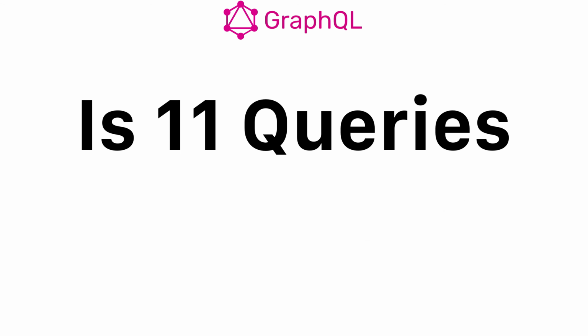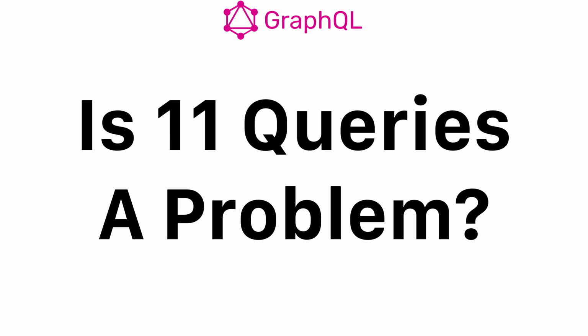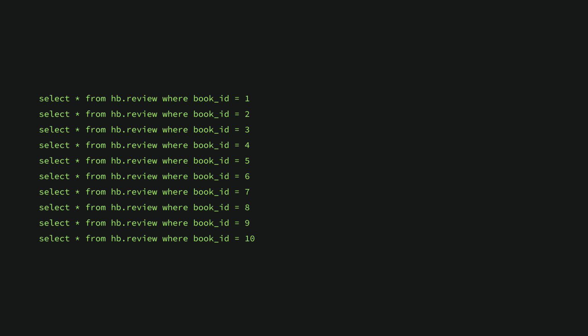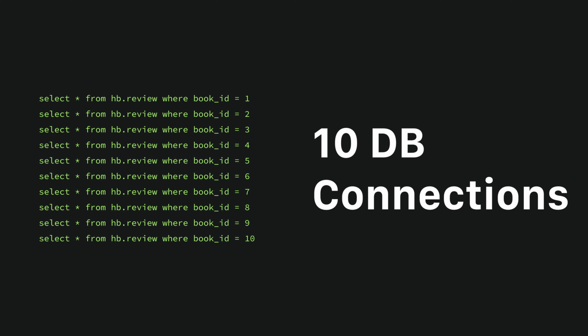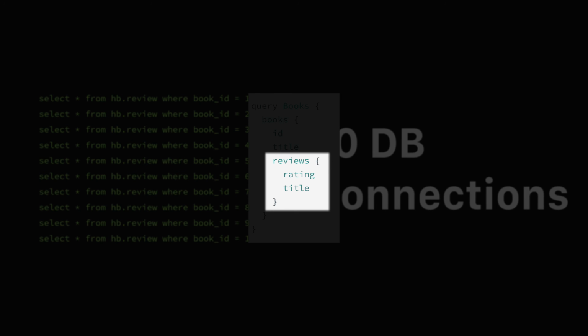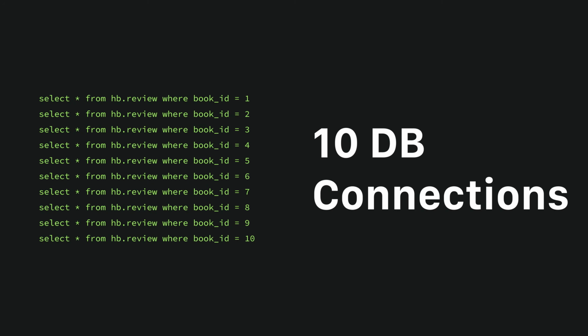So is sending 11 queries a problem? Well, it can be a real performance killer for a few different reasons. First of all, the 10 nearly identical queries consumed 10 separate database connections. So should you care that 10 database connections were used just for this one part of our GraphQL query? Yep, it really should be a concern.